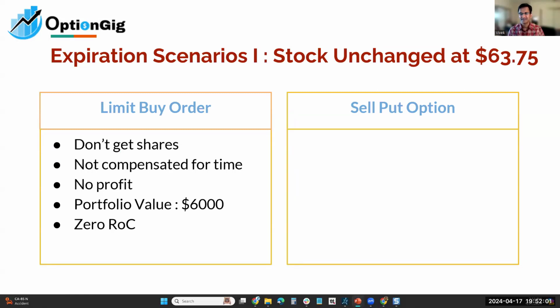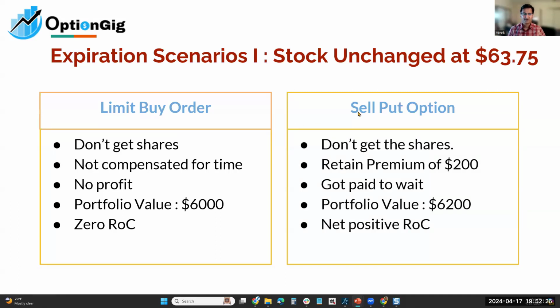Stock stays the same, nothing changed. If you have a limit buy order, you don't get the shares because the stock never went below 60. You didn't get compensated for the time. You have zero profit. Your portfolio started at $6,000, it stays at $6,000, zero return on capital.